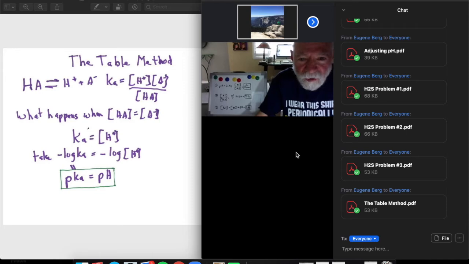In other words, when you have a 50-50 mixture, the math is great. They cancel out, and so the K sub A is equal to the hydrogen concentration. Let me say it once more. Look at the mass action expression. When the acid and conjugate base are equal, they cancel out, and then the K sub A equals hydrogen concentration. This is just a great revelation. Take minus the log of both sides.